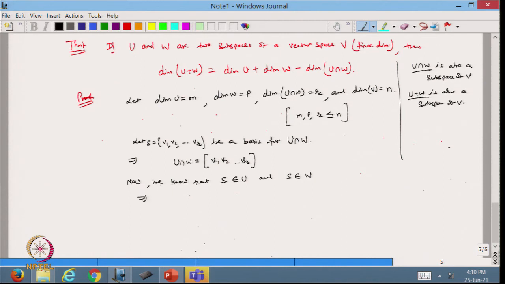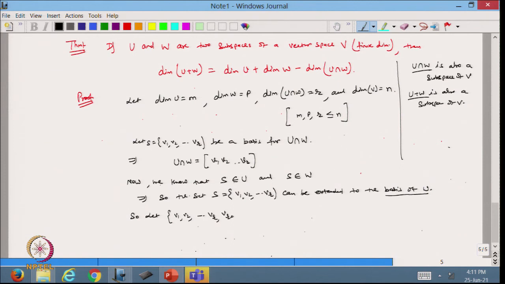Now from here, the set S, which contains R number of vectors, can be extended to a basis of U. Because this set also belongs to U, with the help of the extension theorem, I can make the basis of U. So let me take the set V1, V2 up to VR, VR plus 1, VR plus 2, up to VM.